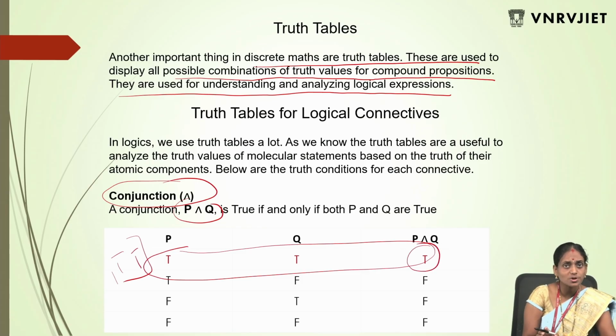This is the actual definition of conjunction. If both statements are true, then the resultant is true. In all remaining cases, the resultant is false. So this is the definition of conjunction, its symbol, and the corresponding truth table. In the coming section, we are going to see some problems depending upon all these logical connectives.